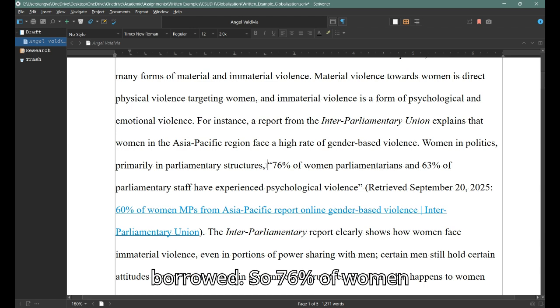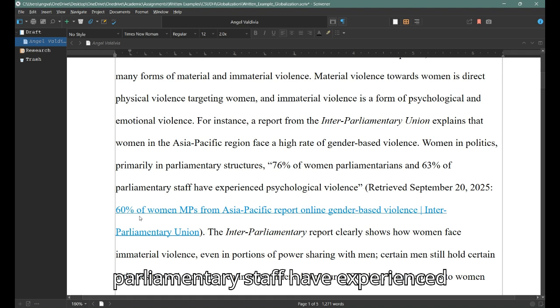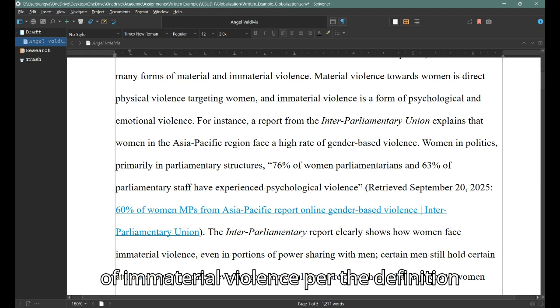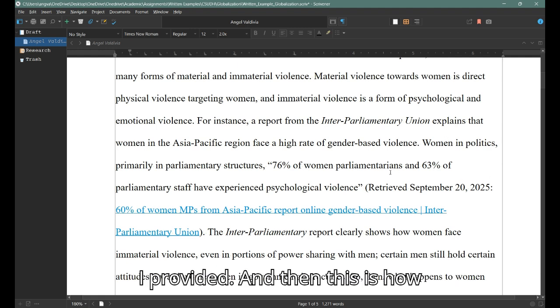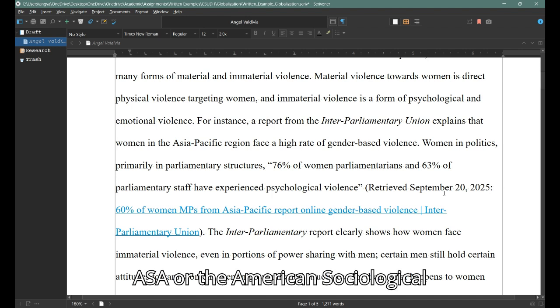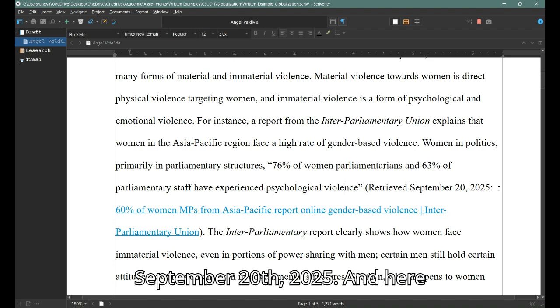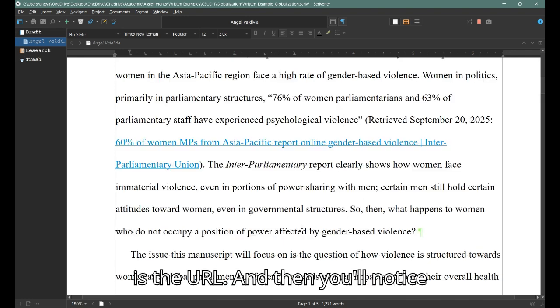So 76% of women parliamentarians and 63% of the parliamentary staff have experienced psychological violence, which is a form of immaterial violence per the definition I provided. And then this is how we cite this in ASA, or the American Sociological in-text citation. Retrieved September 20th, 2025, and here is the URL.